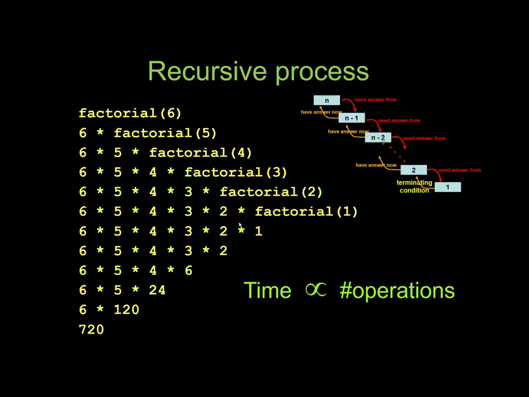And we also need to do multiplication 1 time, 2 times, 3 times, 4 times, and 5 times to arrive at the answer 720. This is for factorial 6. Likewise, for factorial n, we need to call factorial n-1 times and do multiplication n-1 times. So the number of operations is linearly proportional to n, and so the time is also linearly proportional to n.